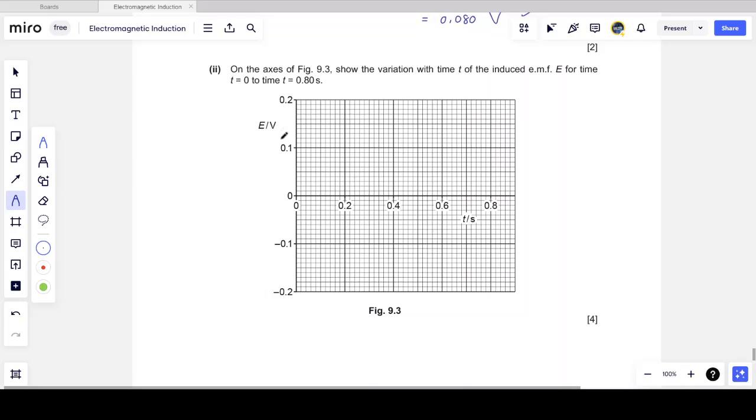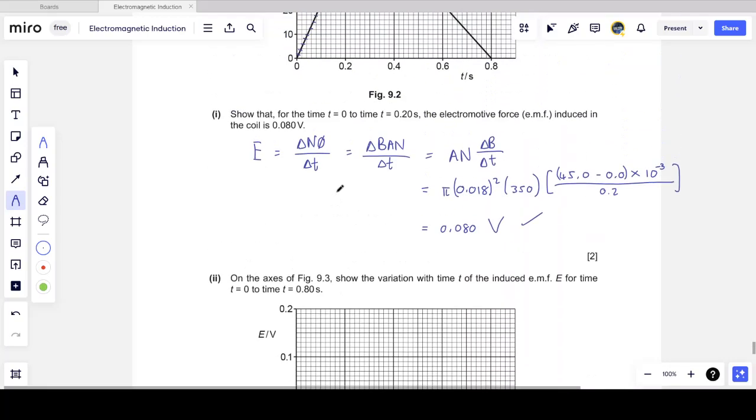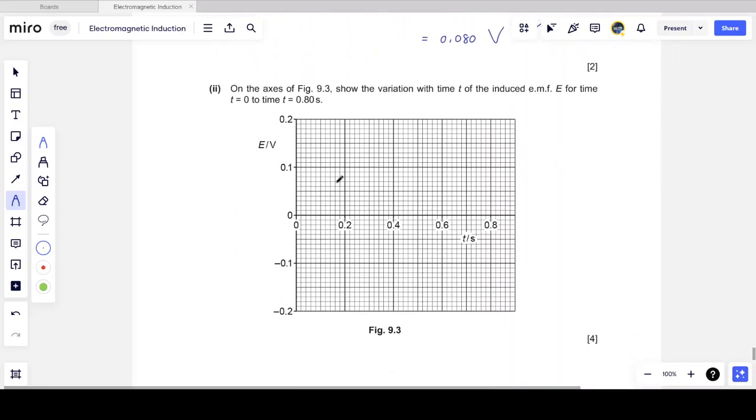Well, the good thing for me is that I know that the EMF for the first 0.2 seconds is constant. I've calculated it and I've shown that it's 0.08 volts. And I can then draw this. So the first 0.2 seconds, 0.8 volts would be here and here, and it's not changing with time. So I would take my pencil, and in your case a ruler, and I would draw a straight horizontal line.